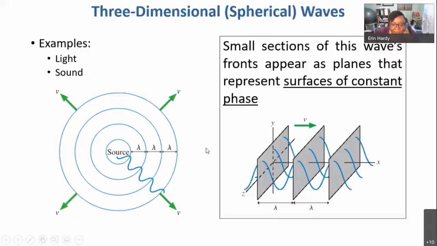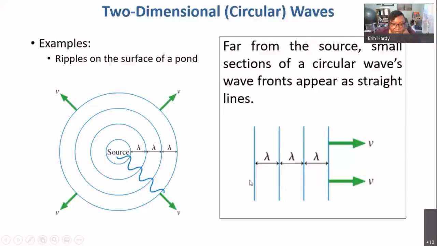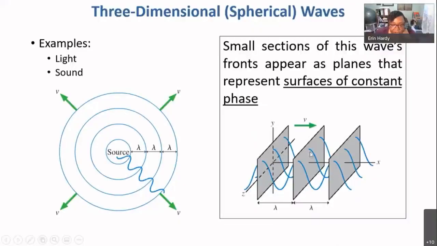So instead of the wavefronts being straight lines that are 1-dimensional, as on the previous slide, for a 3-dimensional wave the wavefronts are planes, or 2-dimensional, and they have something in common with one another. Any wave that intersects one of these planes, which represents a surface of constant phase, is going to intersect with the peaks of these 3 blue waves.